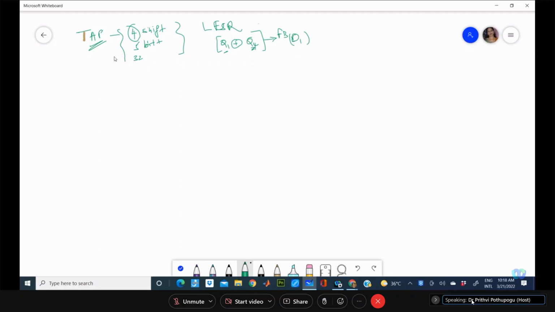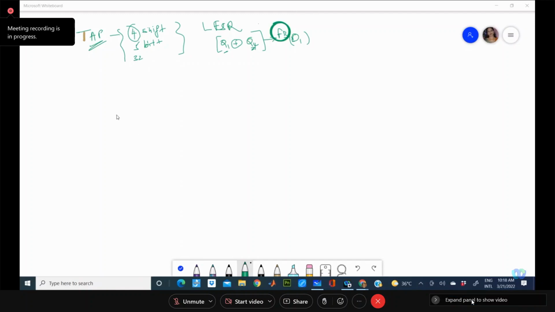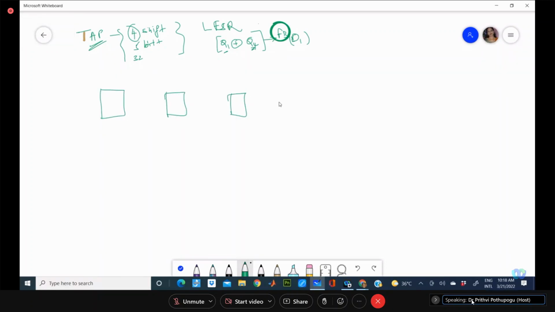So what is the type of feedback we are giving in? If you remember your circuit, hope you should remember, because this is your mid portion. Say 4 flip-flops are there. Q1, Q2, Q3, and Q4 are the outputs.